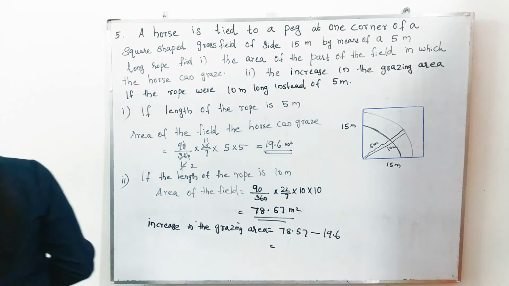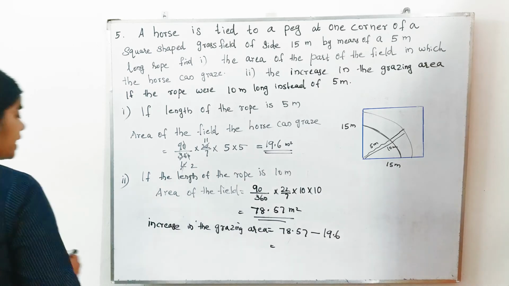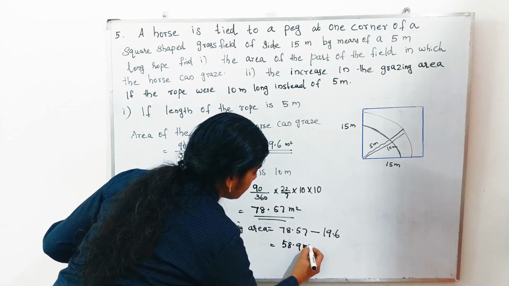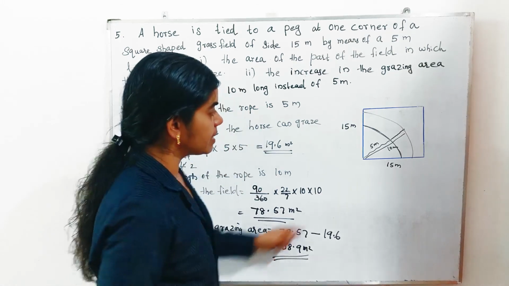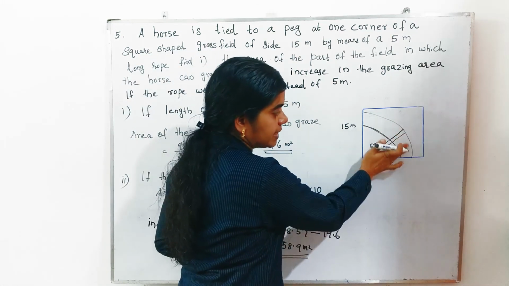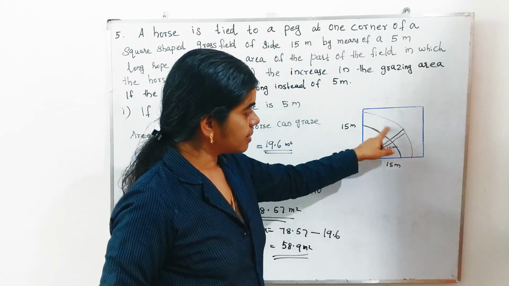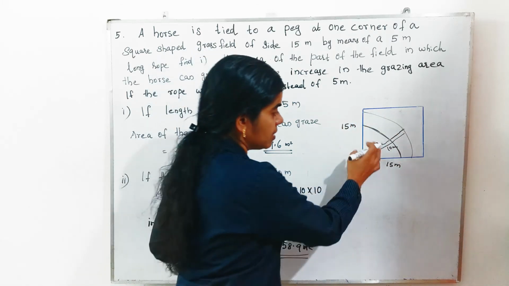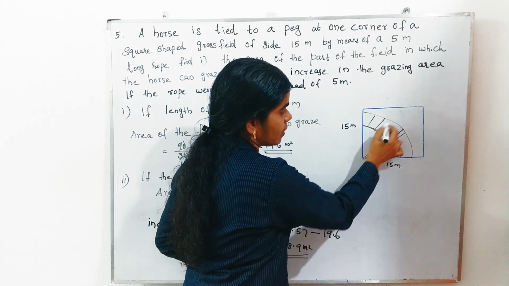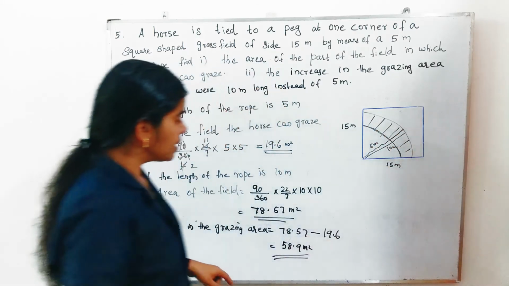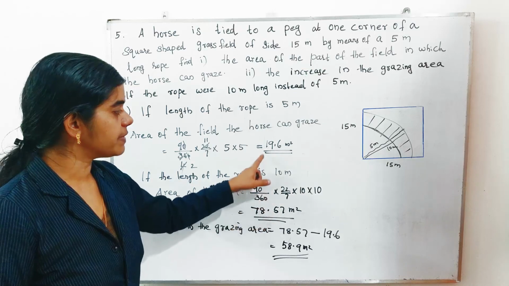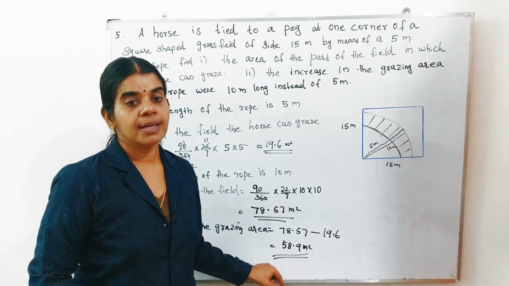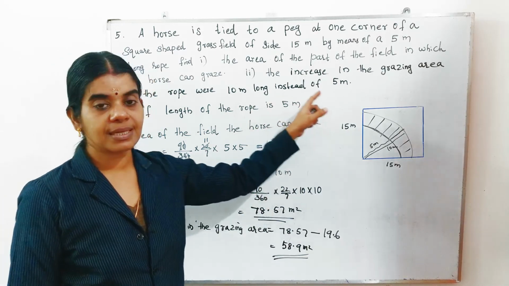You will get 58.9 meters square. By the figure you know that this much will be the area the horse can graze if the length of the rope is 10 meter. This will be the increased area. So 78.57 minus 19.6, 58.9 meters square will be the increased grazing area.